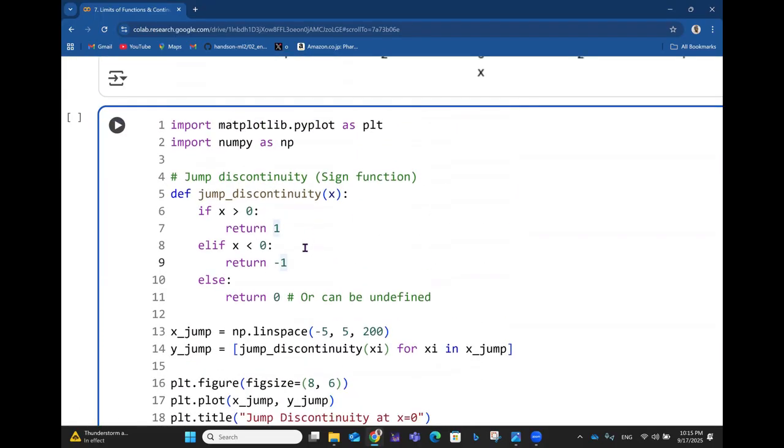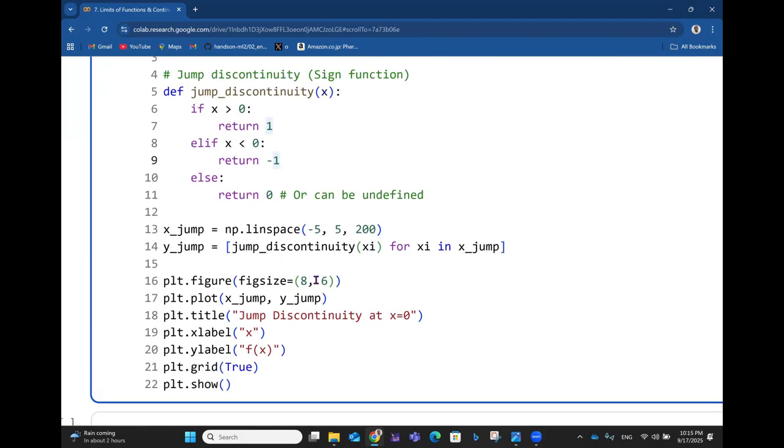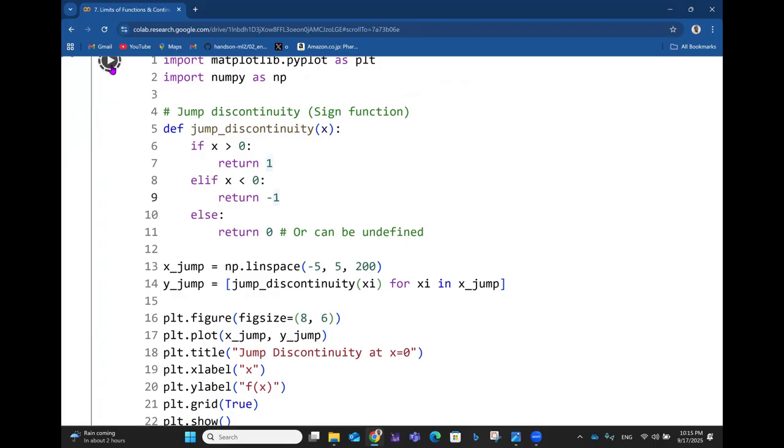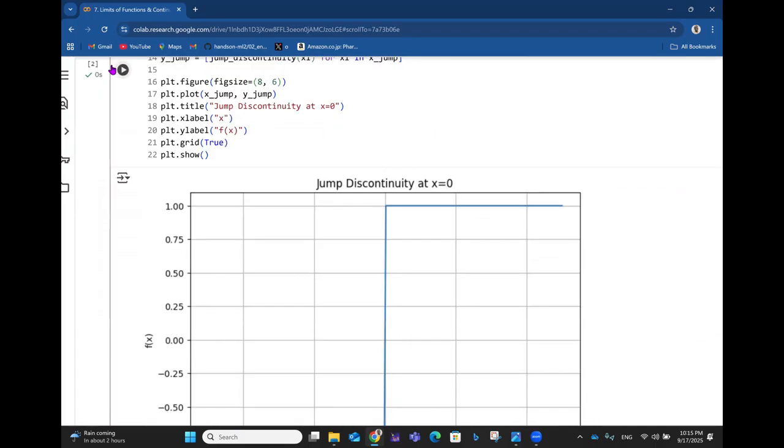We're talking about jump discontinuity, talking about the sign function. For the sign function, if x is equal to 0, it returns 1. So it is approaching 1 here. Else if x is less than 0, it approaches -1. Else you return 0, which can be undefined, right? So you have that jump at 0. If you run this now, you can easily see that jump discontinuity.